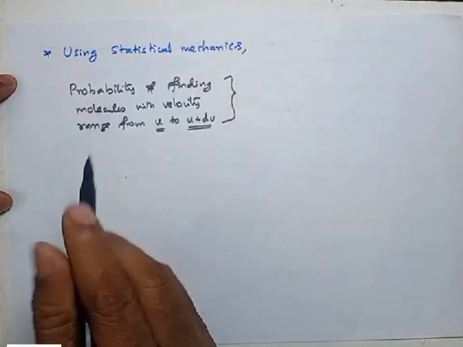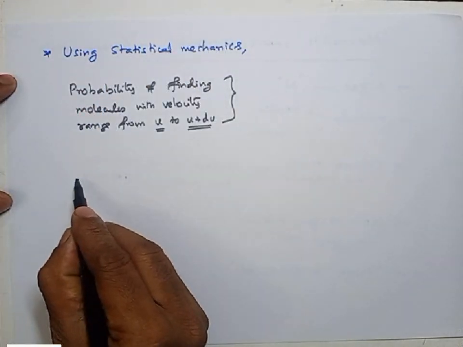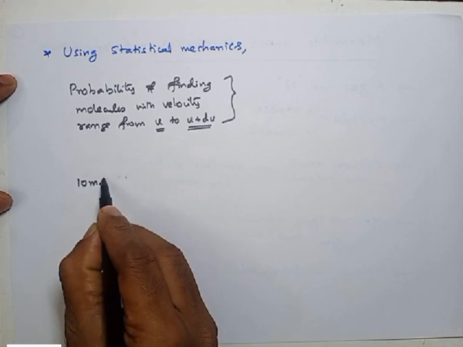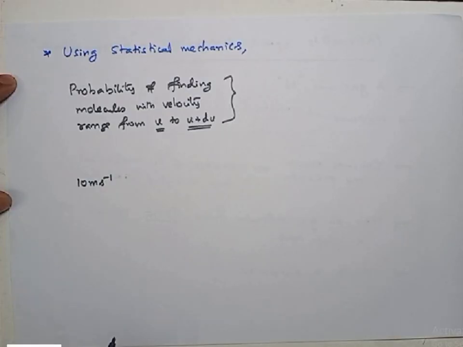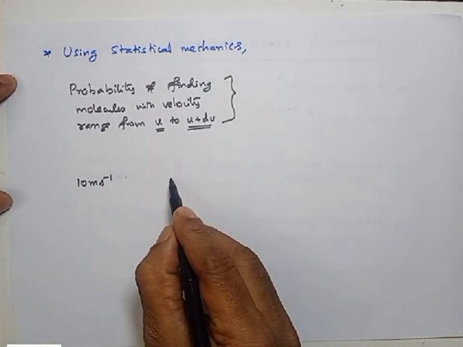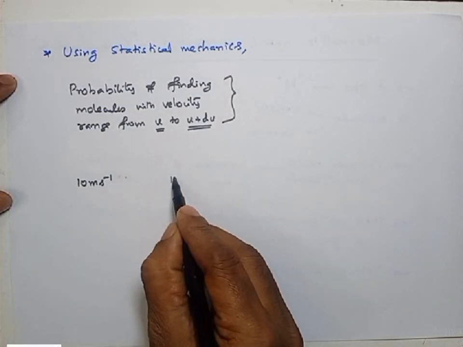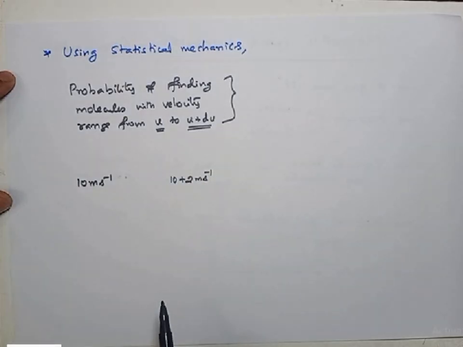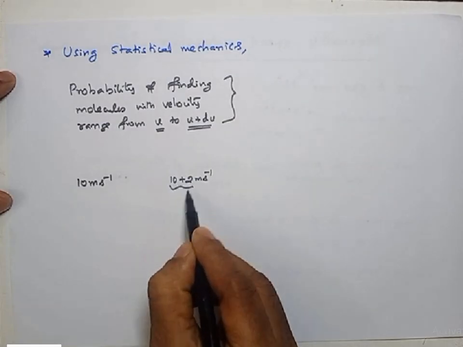Suppose some molecules move with velocity, for example, 10 meter per second, and some molecules move with velocity, say, 10 plus 2 meter per second. Just for understanding purpose I'm writing. 10 plus 2 means 12, right?